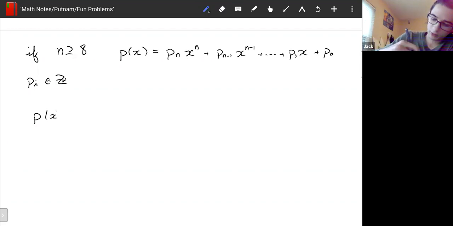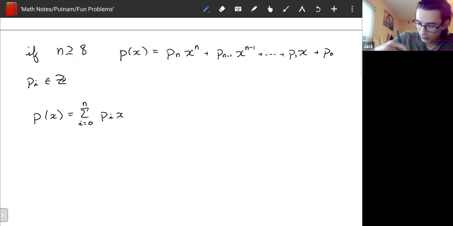So p of x, if we just write it in summation form, is just the sum from i equals 0 up to n of pi x to the power of i, where each one of these individual terms is just the terms we see up here, from 0 all the way up to n.